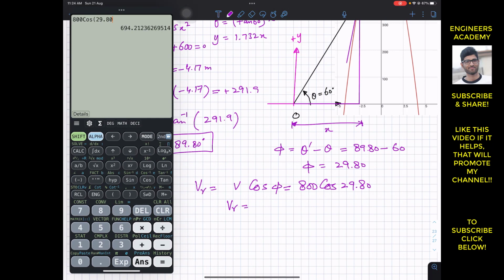So the radial component of the velocity is 694.21 meters per second. And similarly, V theta will be the sine component, that will be 800 sine of phi.